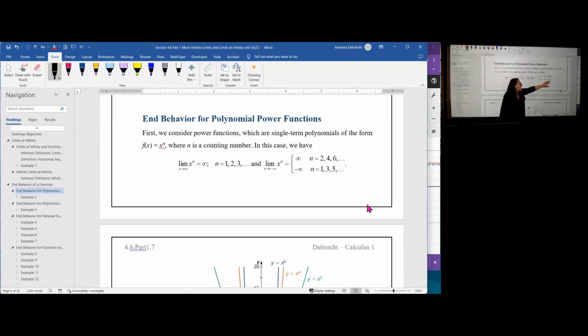If you're looking at one that is odd, if you're looking at the limit as x goes to negative infinity, well, then that depends. So on the right, the even ones go up always. And on the left, they go up always. On the odd powers, on the right, they still go up.